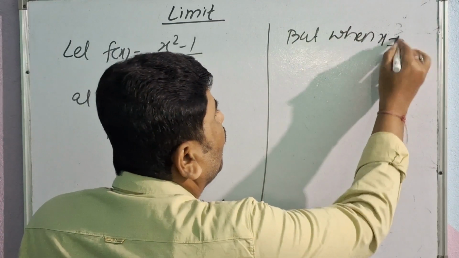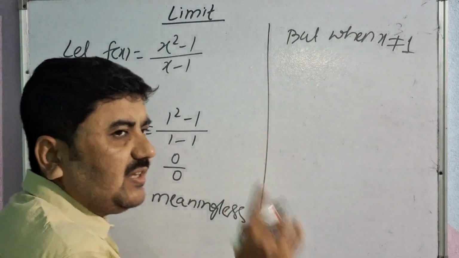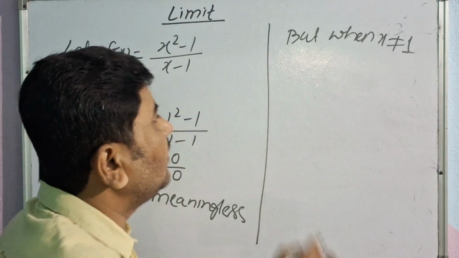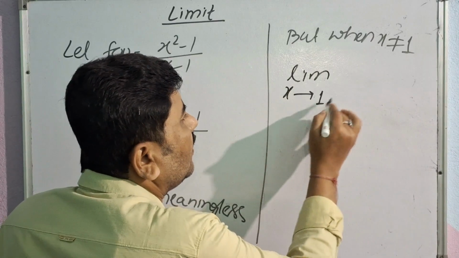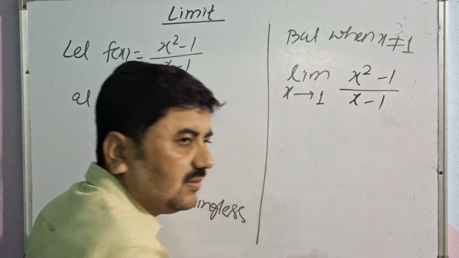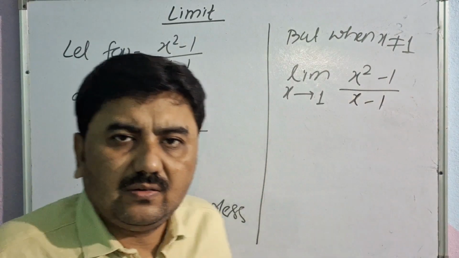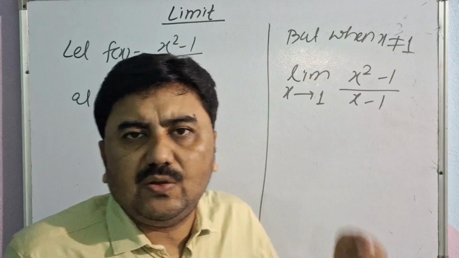x is not equal to 1, not exactly 1, then we use limit. Limit x tends to 1, (x square minus 1) upon (x minus 1). Here x tends to 1. It is not equal to 1. That is the limiting value.